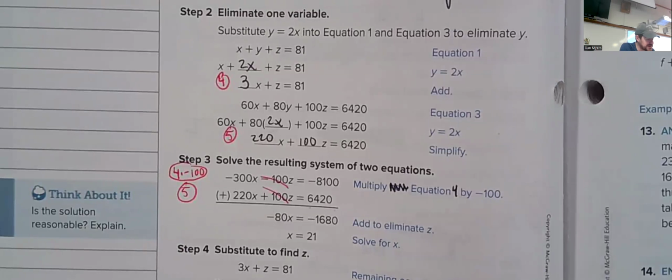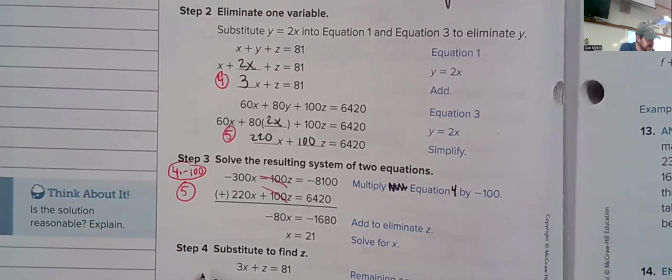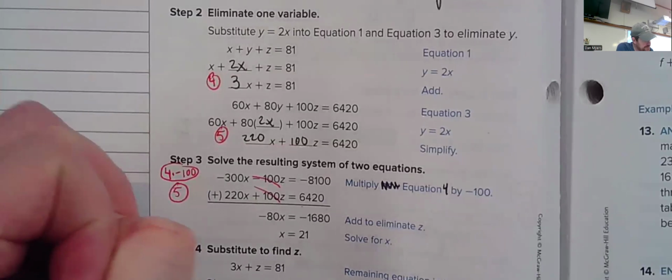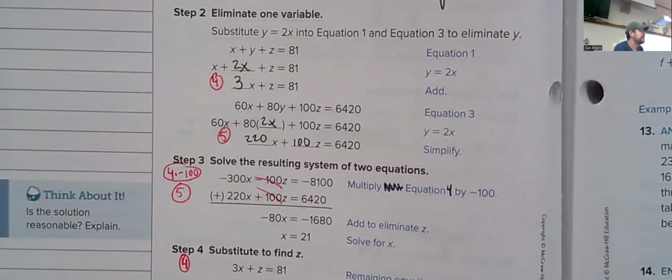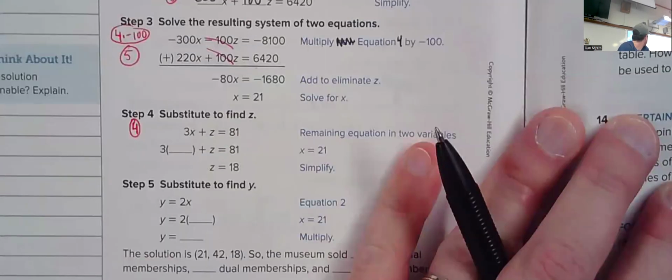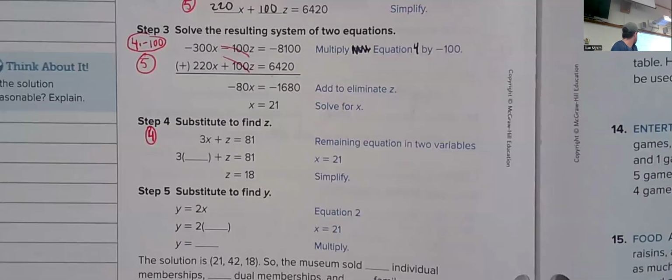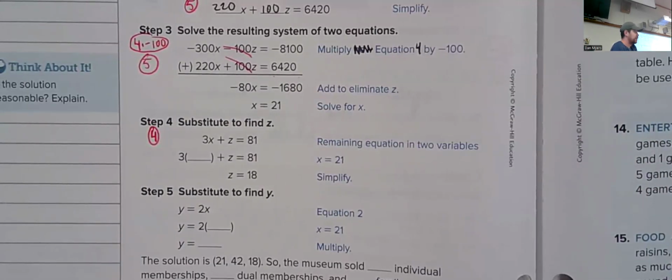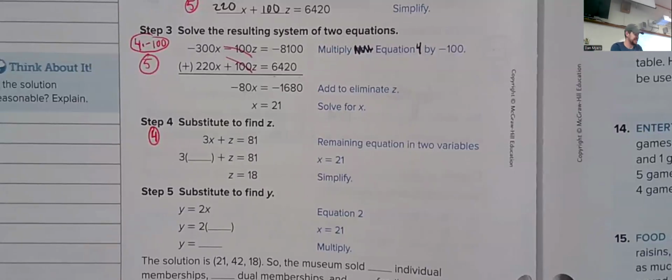And then if we go back to solve for z, we can go ahead and substitute in x. Looks like they're using equation 4. So here's equation 4. They're plugging it back into equation 4, because if you want to find the variable z, you have to plug it back into one of the two equations that we had with just x and z.